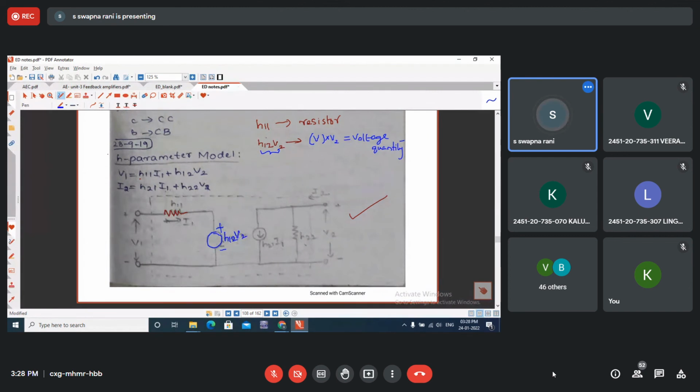Now you see, if V1 is the input voltage and I1 is the input current, then if you apply KVL to the input loop, you will get that first equation.